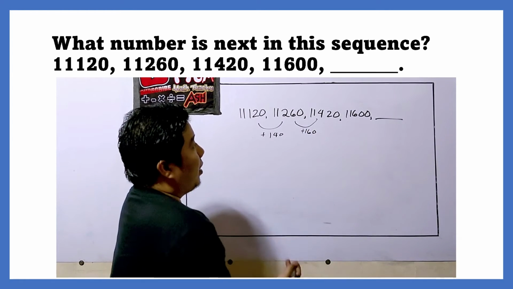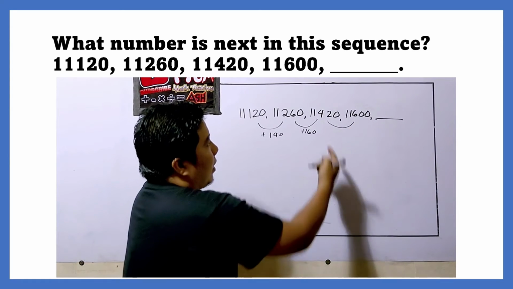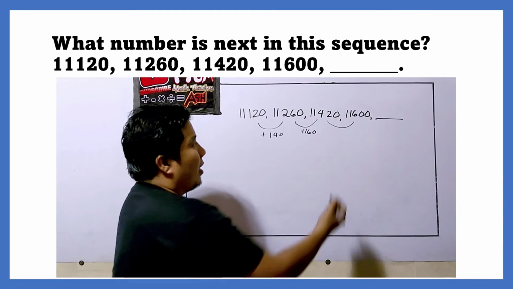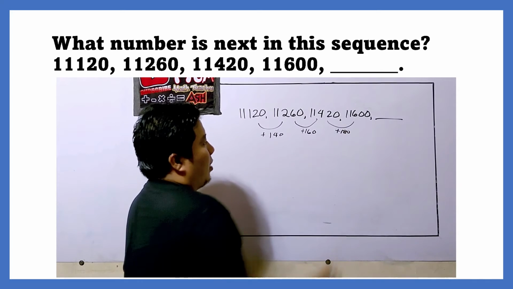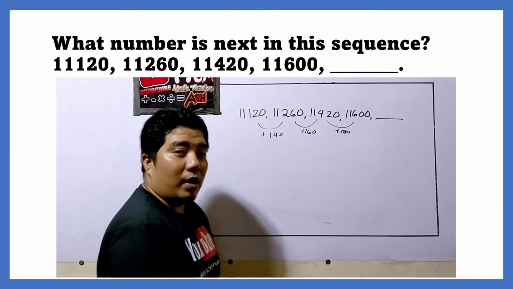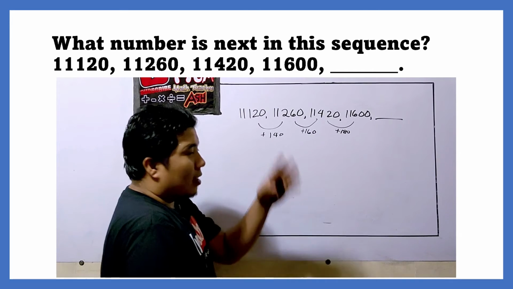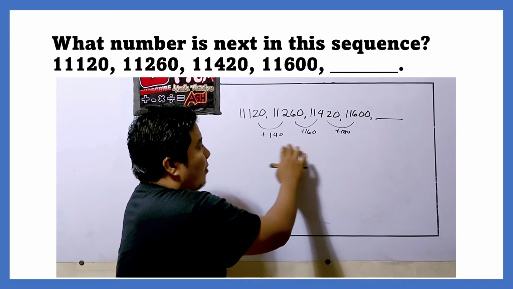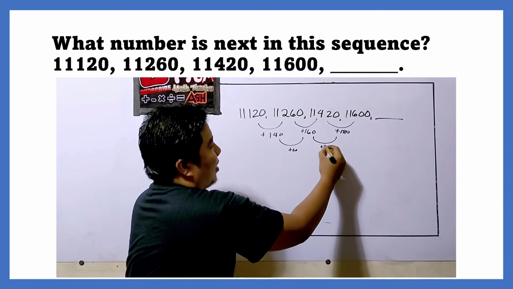There is no pattern yet. However, if we continue, 11,420 going to 11,600, the difference is positive 180. Now, can you see the pattern? The pattern is that what you are adding increases by 20.